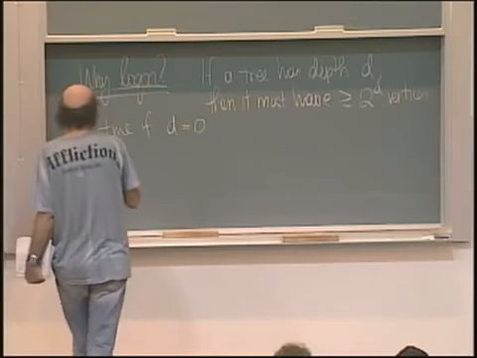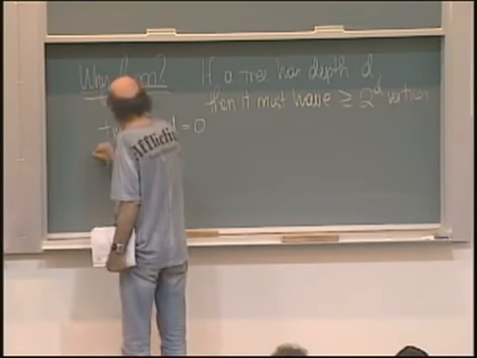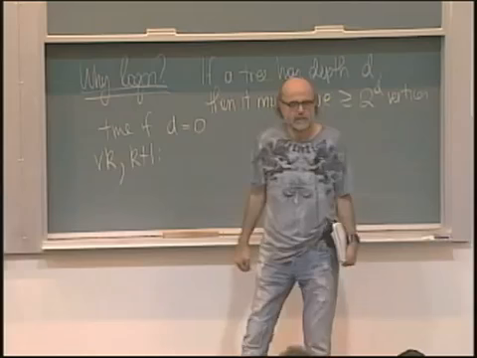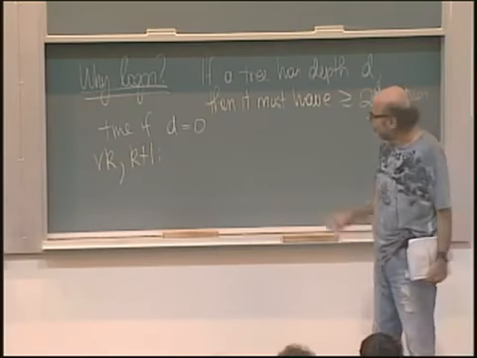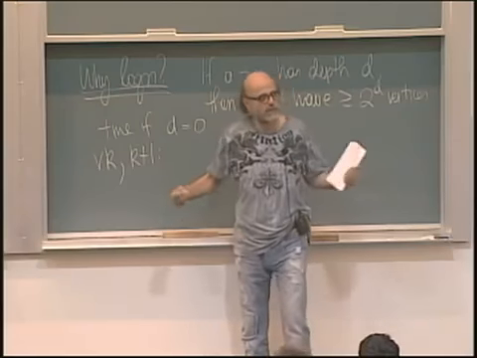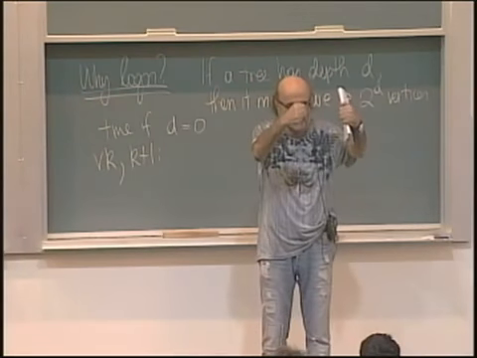And if it happens, suppose it happens for k plus 1. How did this tree get depth k plus 1? It was the collision of two trees of depth k.